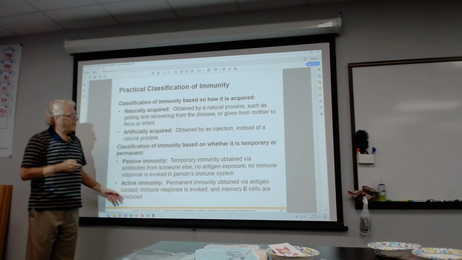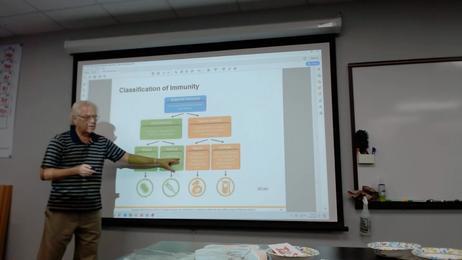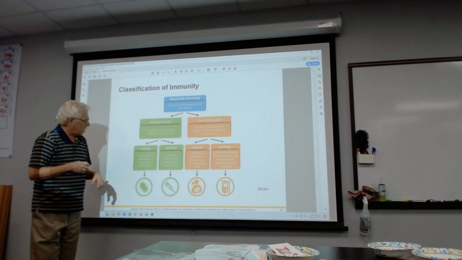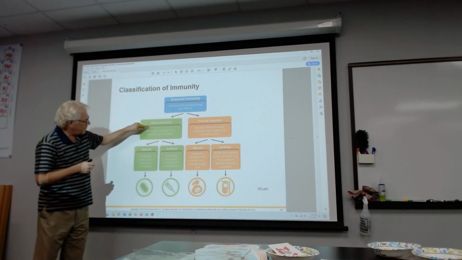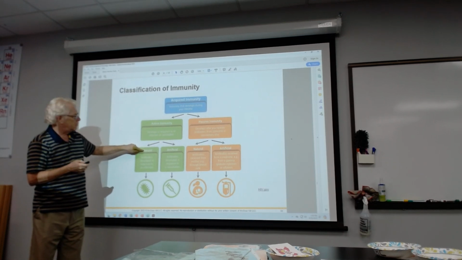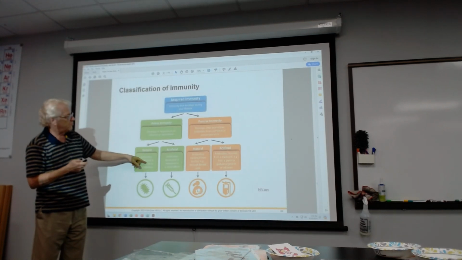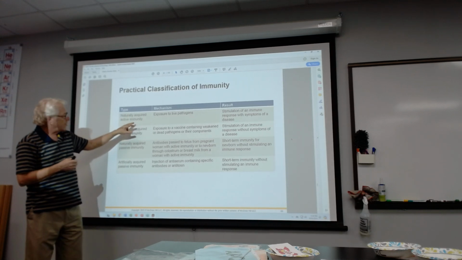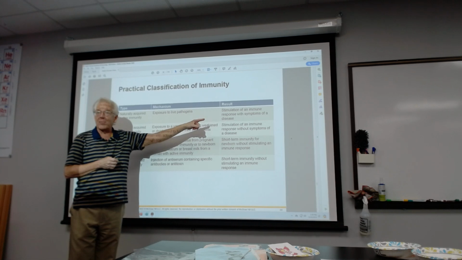Okay? All right. Now we're going to use those four words to make four different kinds of immune situations. If it is active, natural, you got sick. If it's natural and active, you got sick, you got better because you made the antibodies.